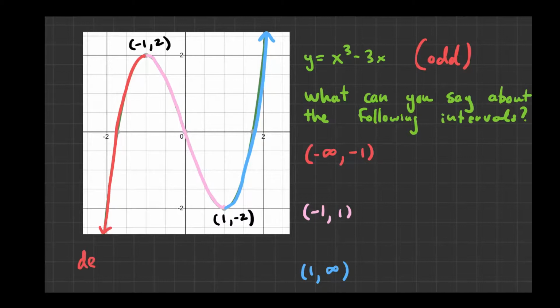So let's think about this for a second. There's some deception going on here. The deception is that this arrow is pointing in that direction. In a graph, though, we always read a graph from left to right, just like we read words. So even though the arrow is saying the graph keeps on going, we're still going to read the graph from left to right.